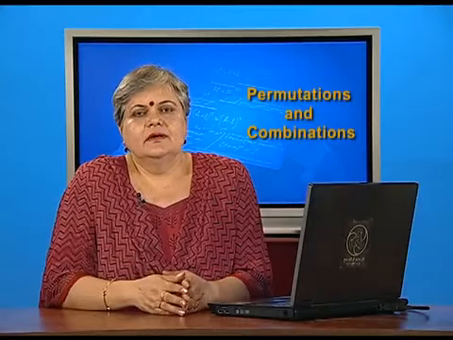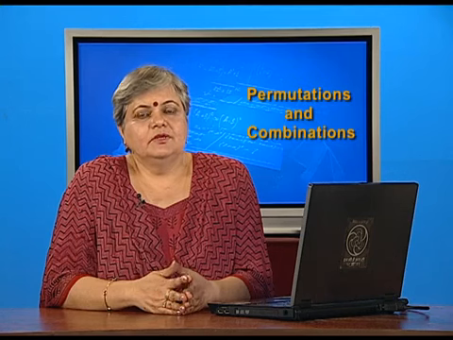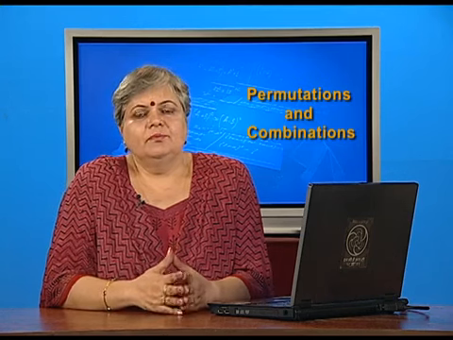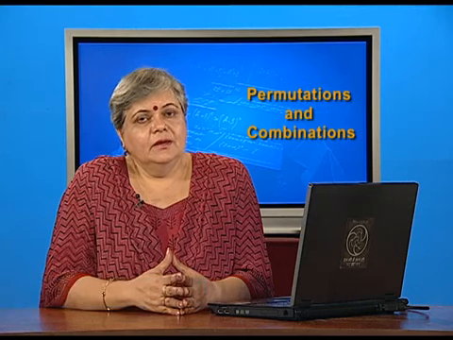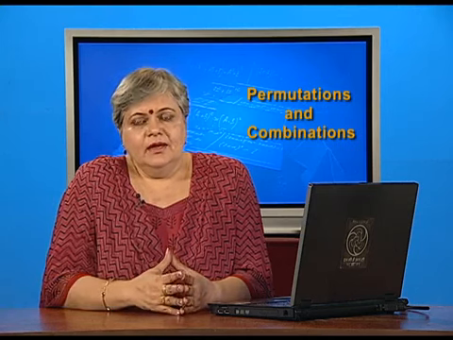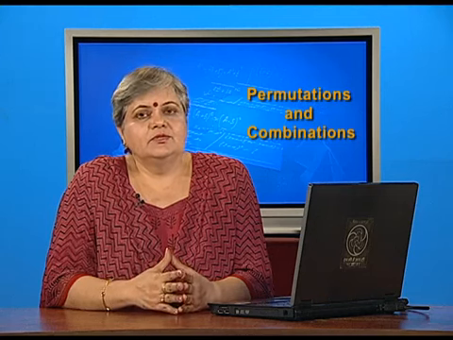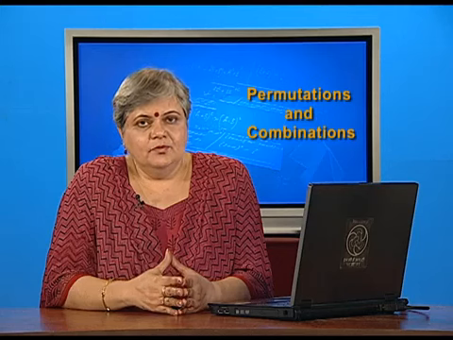Hello viewers, in our last lesson on permutations and combinations, we introduced you to the concept of permutations, the number of ways in which n objects taken r at a time can be arranged when the objects are not repeated. And we saw that there is a nice little result that helps us to calculate the number of ways.